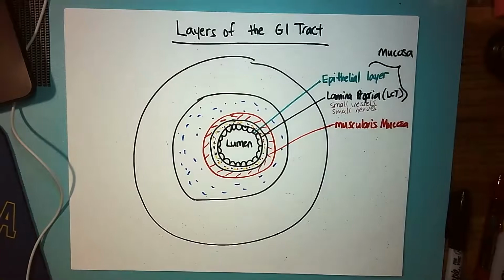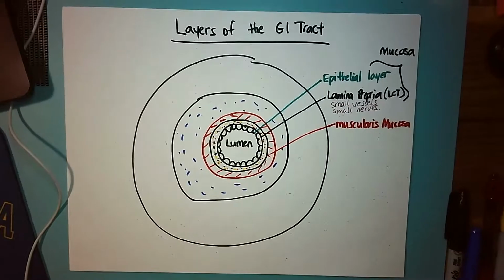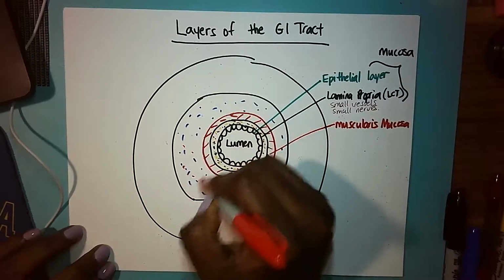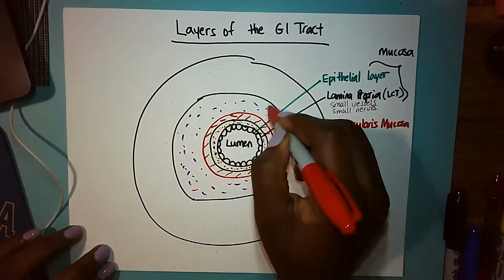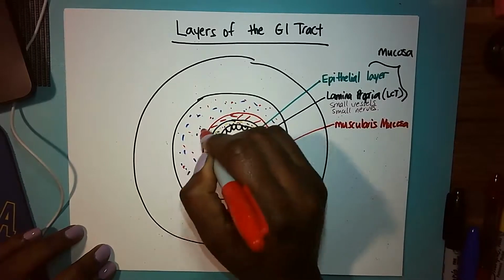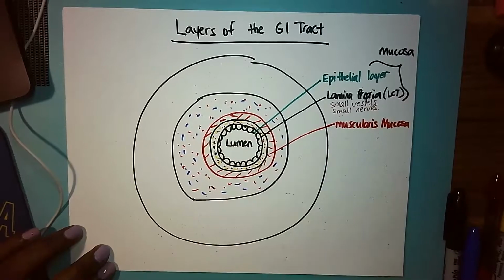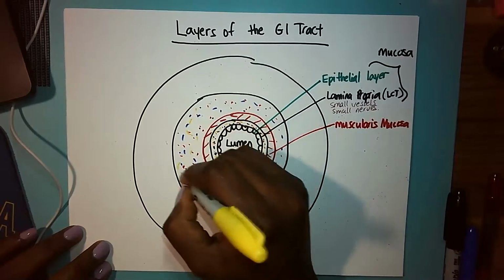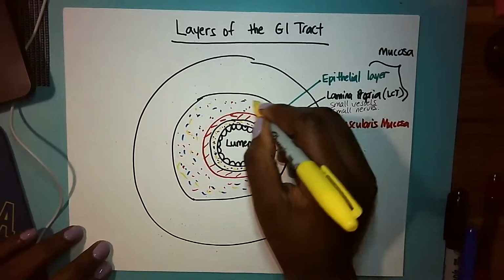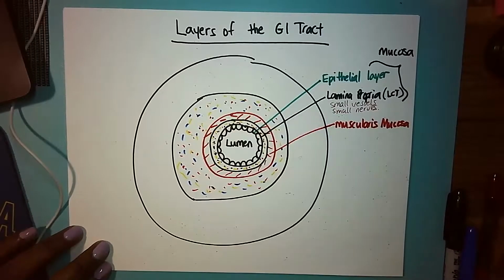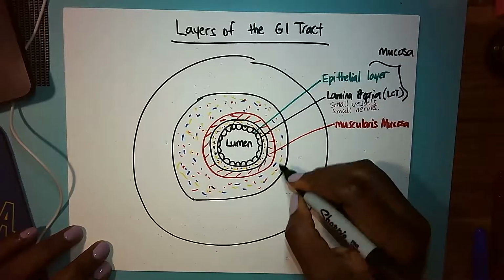These are the nerves that are going to be innervating the movement that helps to create the peristaltic waves that move food along the tube, okay? We've also got nerves here as well. So this is called the submucosa.